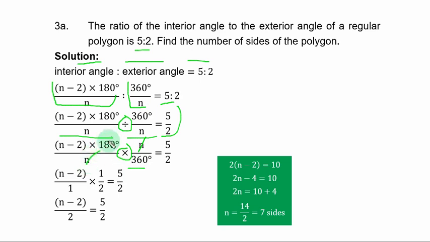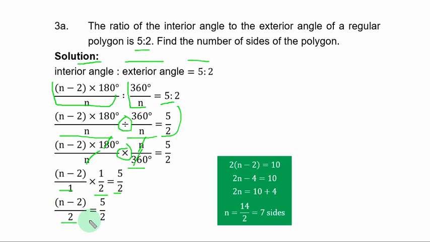If you divide 180 by 360, you are left with 1/2 here, while here is n minus 2 over 1 equal to 5/2. If you multiply n minus 2 times 1, you have n minus 2. 1 times 2, you have 2, equal to 5/2.